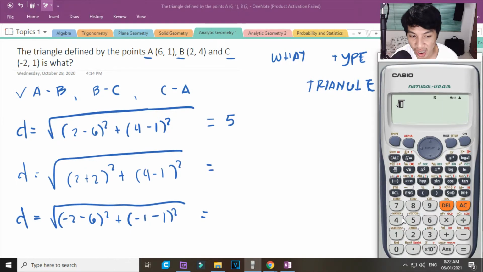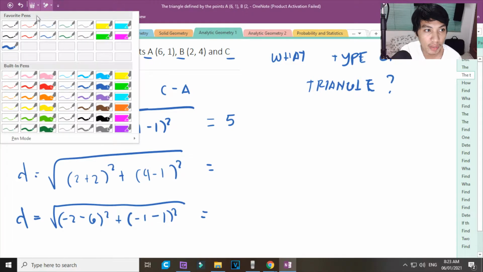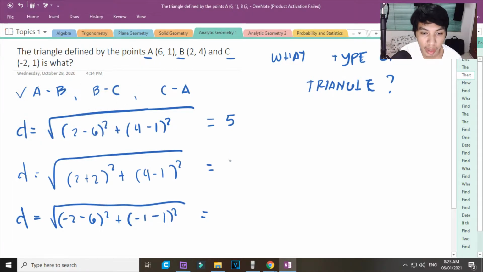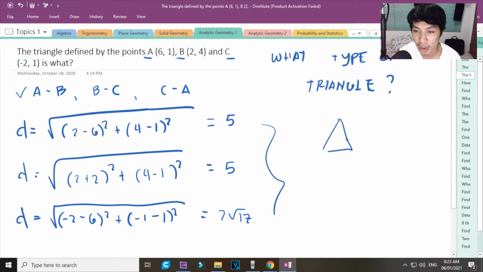Squared mo, 16 plus 9, that is 25. Ang square root ng 25 is 5. Ayan, 5. Ito, 2 square root of 17. Then, therefore, dalawa yung pantay. So, pantay ito. Ito, hindi.